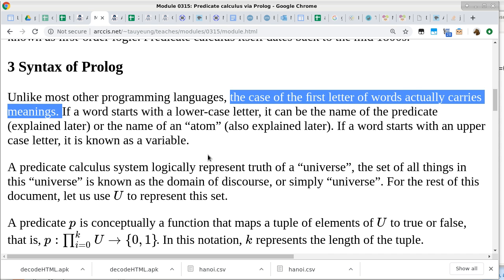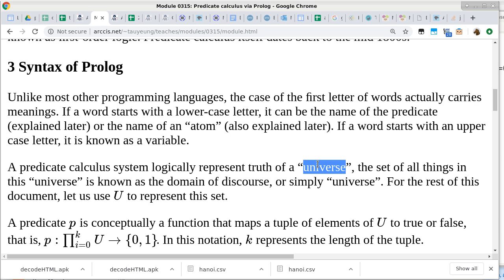A predicate calculus system logically represents the truth of a particular universe. The other term is the domain of discourse, or the universe. It's the set of all the things that you're interested in. So it depends on what you want to deal with.